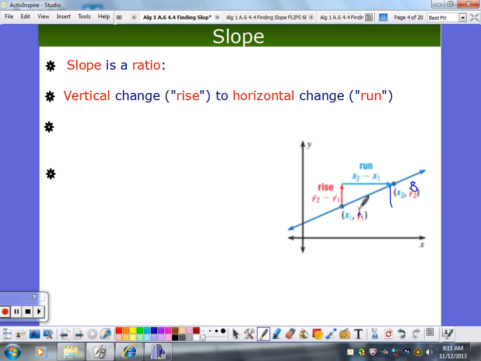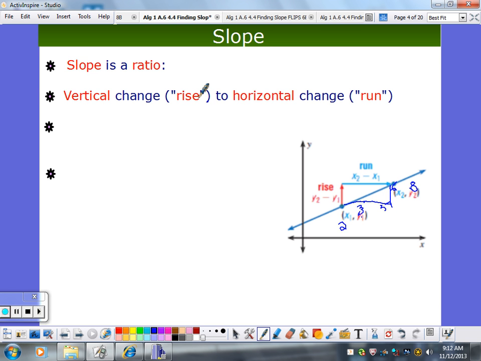The distance was 6. So what's the distance this way? 4. How am I getting it? I'm subtracting. So the way we get a height is we subtract the y's, and the way we get a width is we subtract the x's.